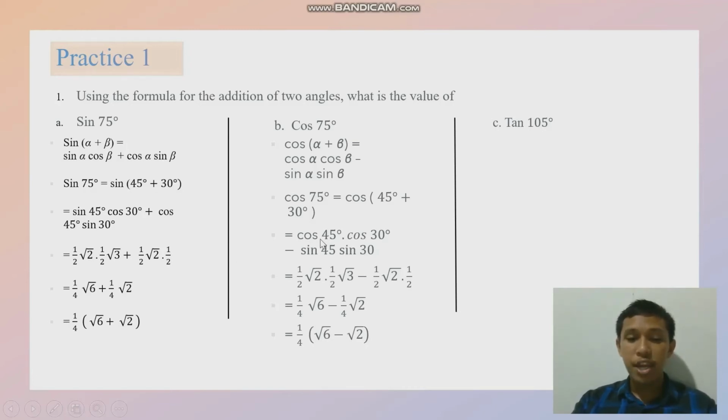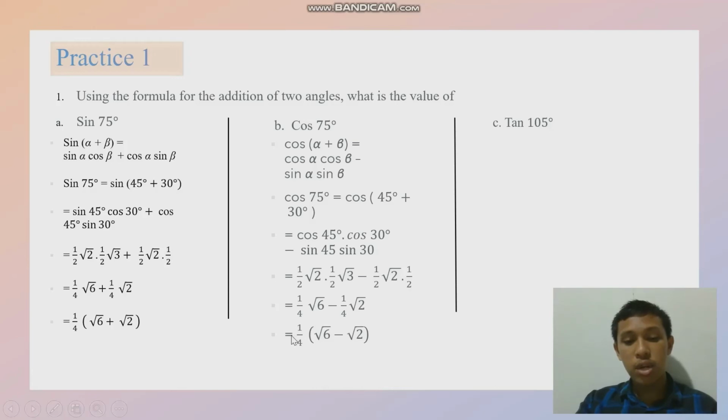Because the value of cos 45 degrees is 1/2 the square root of 2, the value of cos 30 degrees is 1/2 the square root of 3, the value of sin 45 degrees is 1/2 the square root of 2, and the value of sin 30 degrees is 1/2, the result is 1/2 the square root of 2 times 1/2 the square root of 3 minus 1/2 the square root of 2 times 1/2, which equals 1/4 the square root of 6 minus 1/4 the square root of 2.